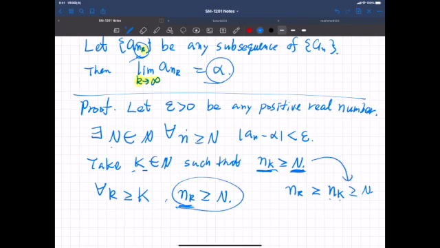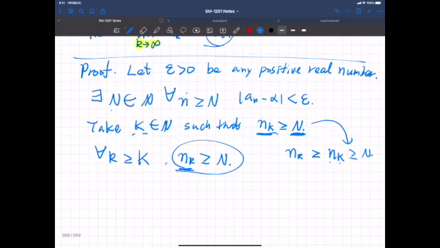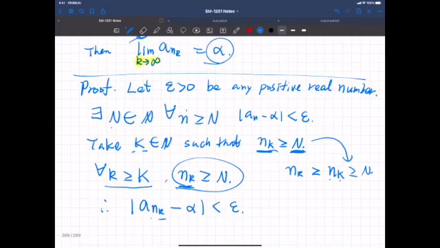Therefore, we have this inequality. This means |a_{n_k} minus alpha| is less than epsilon, because n_k is greater than or equal to capital N, so this should hold.